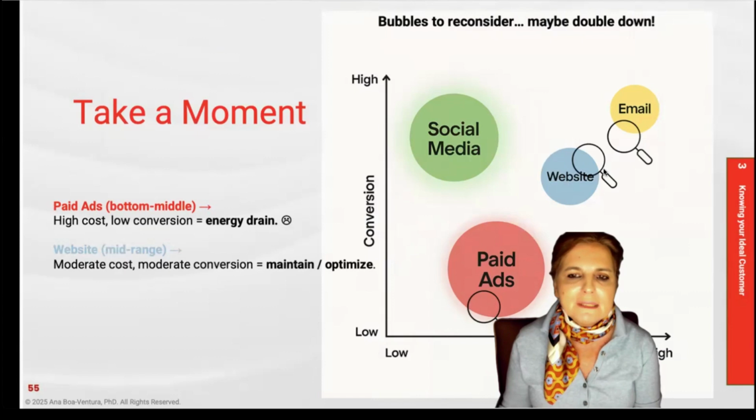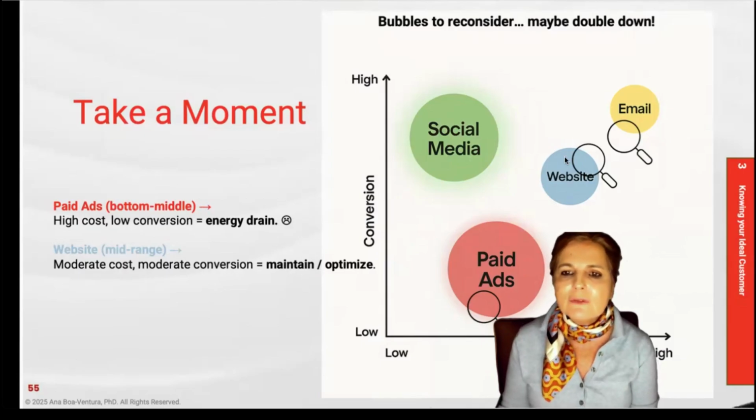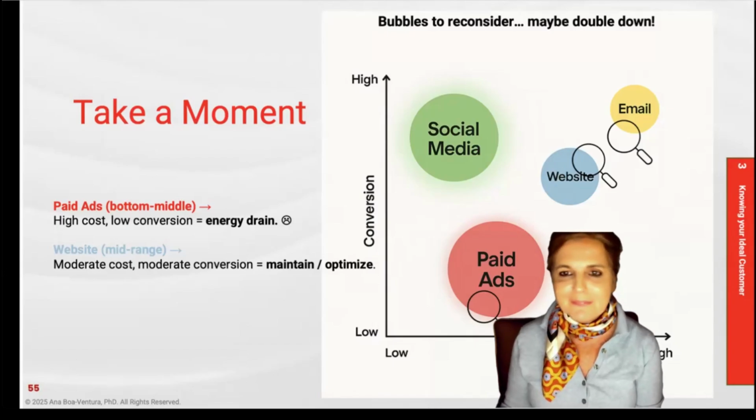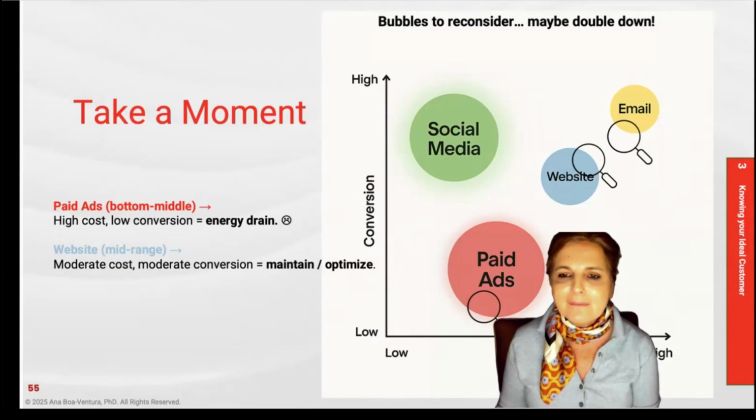The website mid-range, moderate cost, moderate conversion. It's something to think about, right? Because it's moderate cost and moderate conversion, maintain or optimize. Maybe you can do something with this website, maybe redesign it, maybe make the transaction page simpler to use, because I can tell you a lot of people have very, very complex pages for the actual checkout, right?